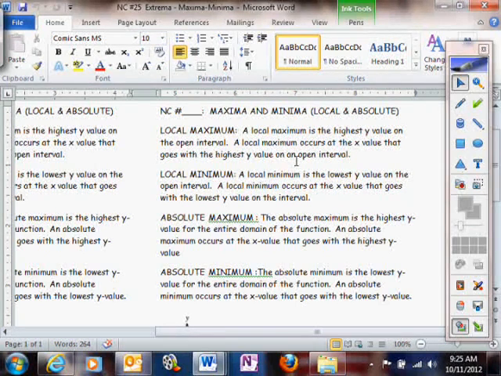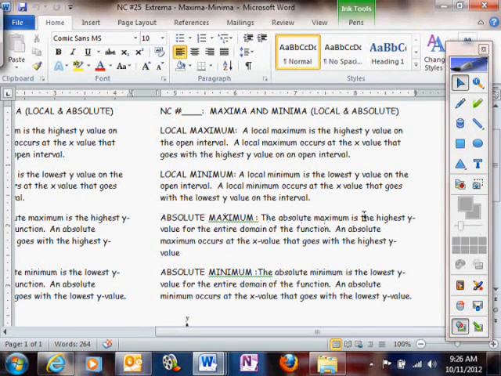A local maximum occurs at the x value that goes with the highest y value on the open interval. A local minimum is the lowest y value on the open interval. A local minimum occurs at the x value that goes with the lowest y value on the interval.